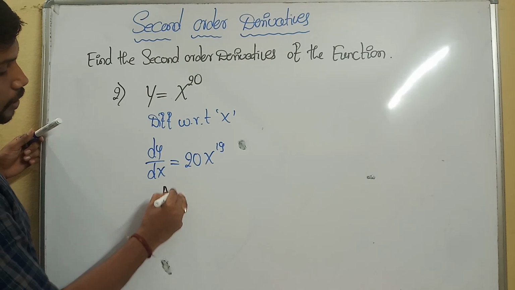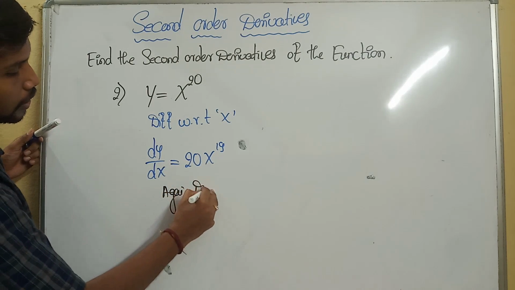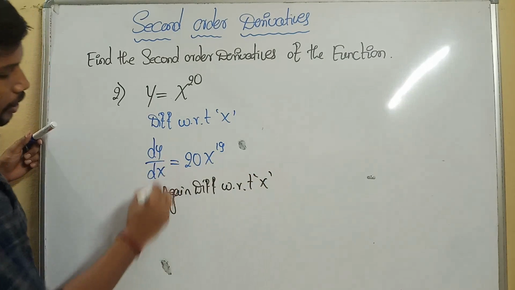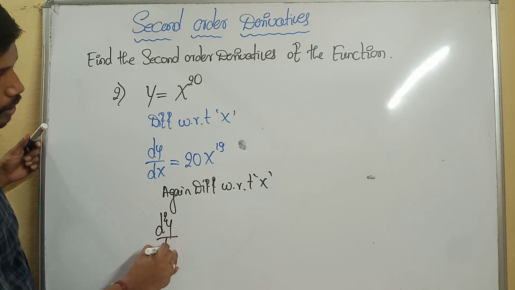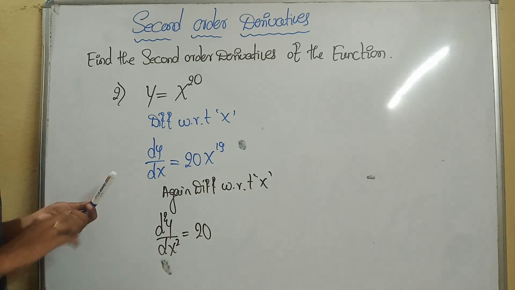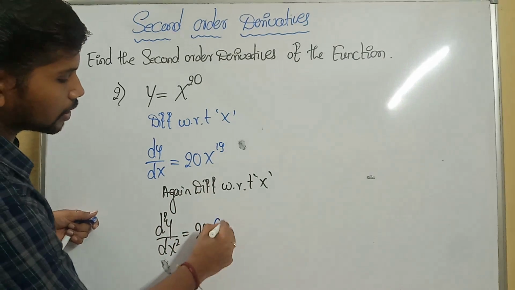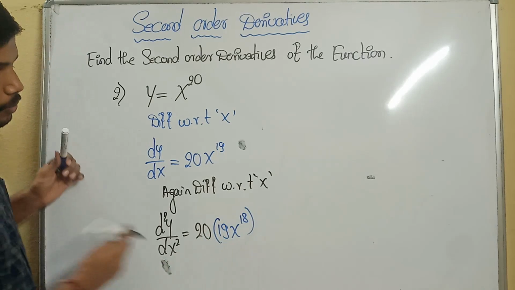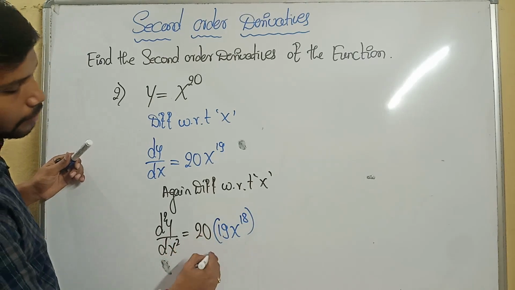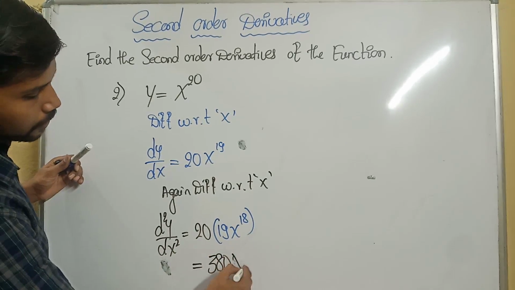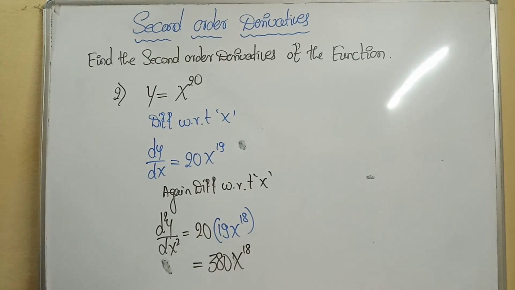Again differentiating with respect to x, the derivative of dy by dx will be d square y by dx square. 20 as it is, and the derivative of x raised to 19 is 19 x raised to 18. What is the multiplication of 20 and 19? It is 380 x to the power 18. We got the second derivative.